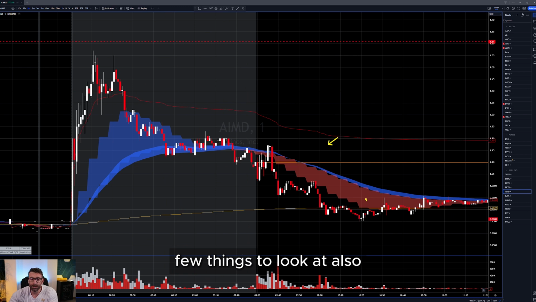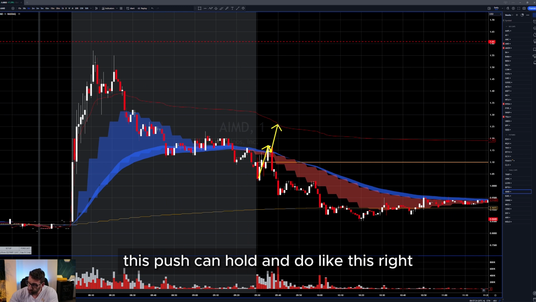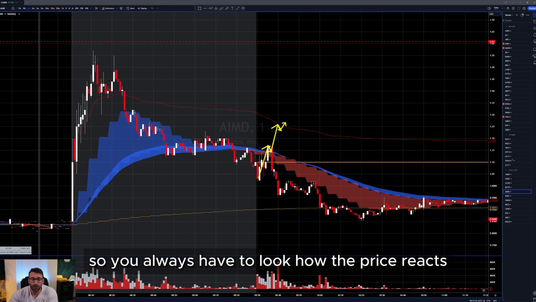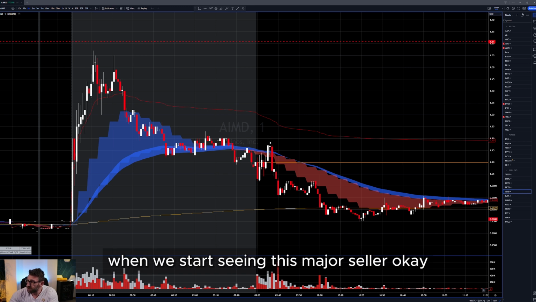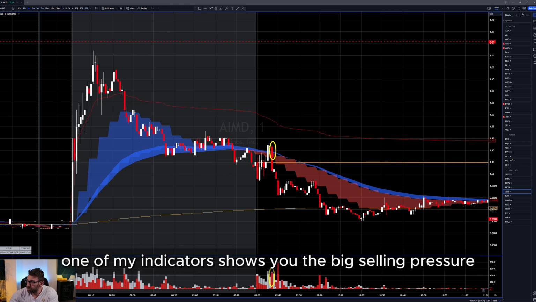A few things to look at also. So we want to see a push. These pushes can hold and do like this, right? So you always have to look at how the price reacts at these levels. And then we can see that when we start seeing this major seller, okay, one of my indicators shows you the big selling pressure.